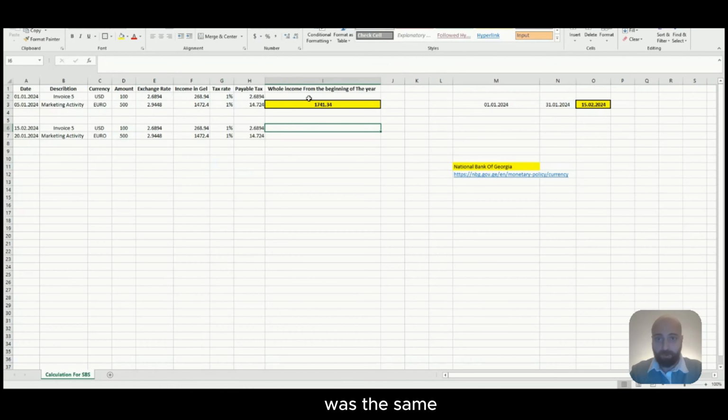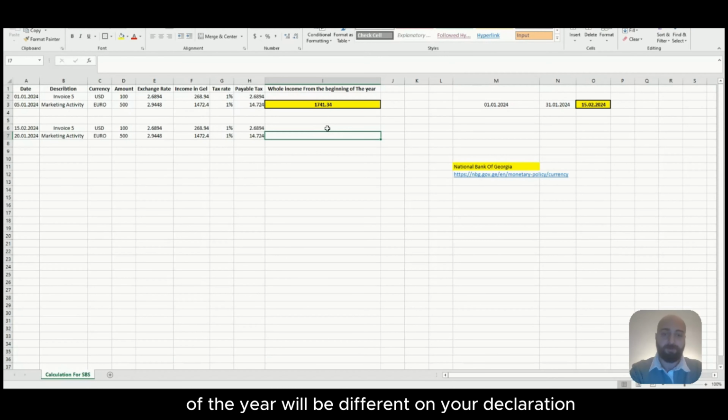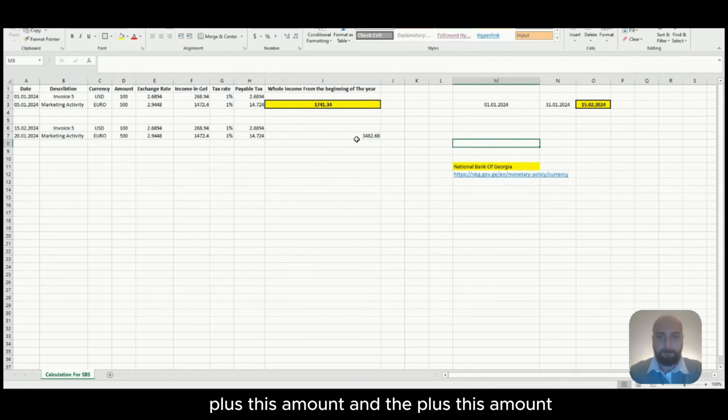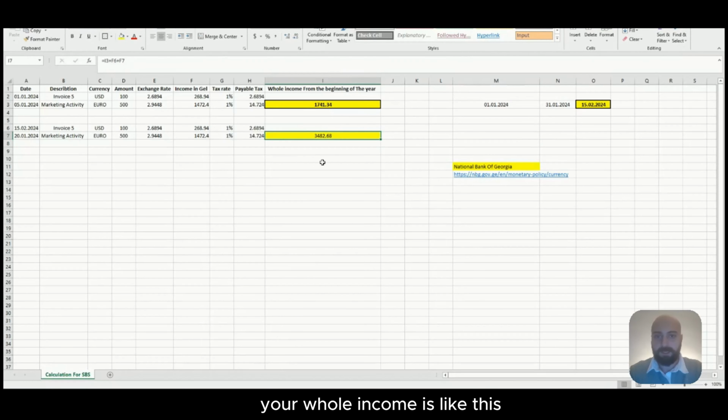And the whole income from the beginning of the year will be different on your declaration, because you have income in January of this amount, and the income in February is plus this amount and plus this amount. Your whole income is like this.